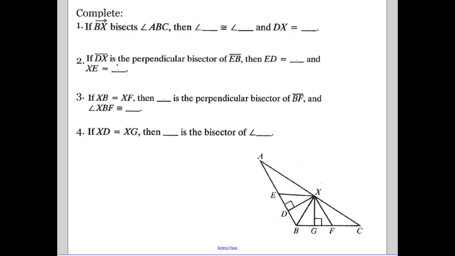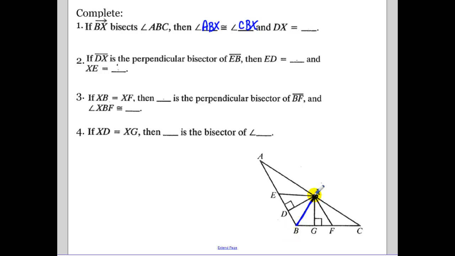Okay, complete. If BX bisects angle ABC, so BX is our angle bisector, then ABX is equal to CBX. And then X is on my angle bisector.